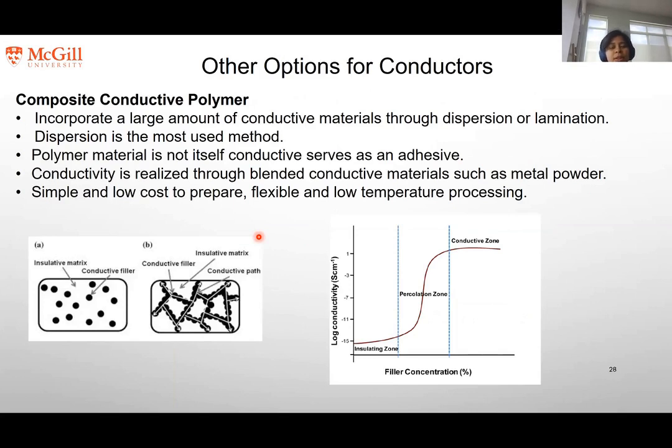So it basically incorporates a large amount of conductive material, and we disperse it in a matrix of polymer. It's basically the composite. As I said, polymer is not itself conductive, but it acts like an adhesive, and conductivity is basically realized by blending or dispersing conductive nanoparticles or powder in it.